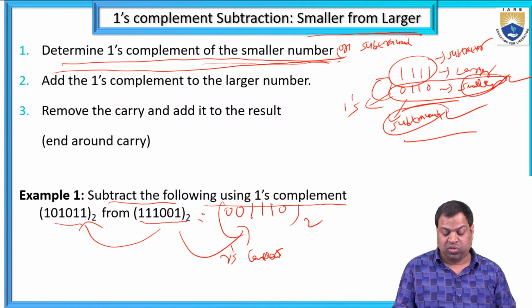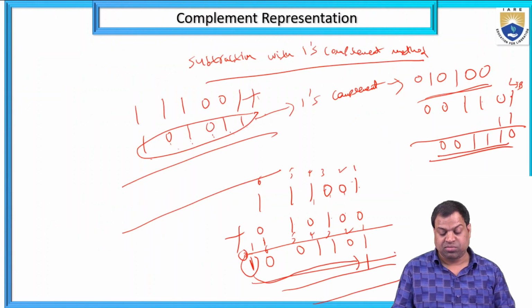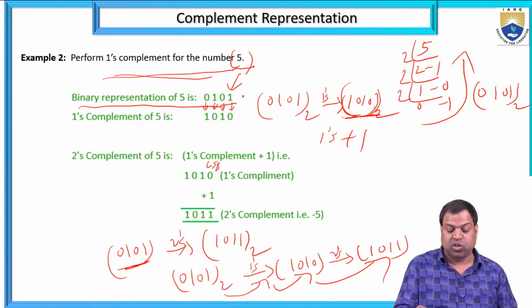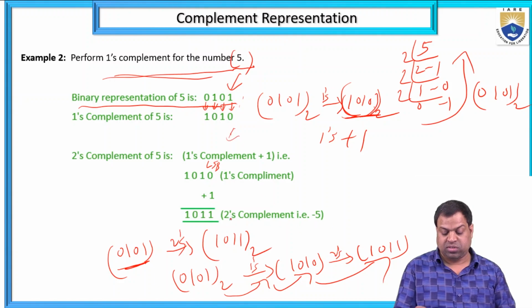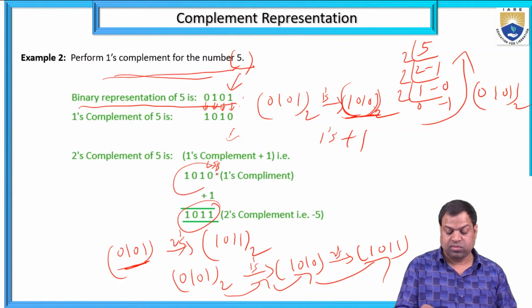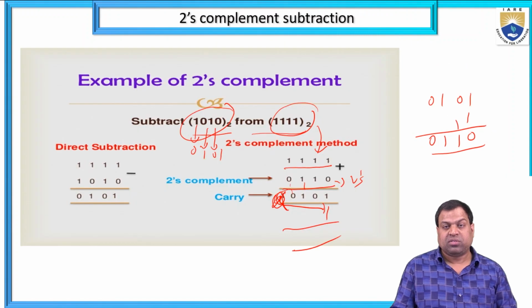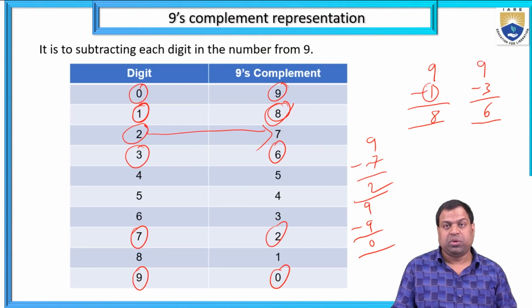That is one example of ones complement subtraction. Perform the ones complement for the number 5: converted to binary, perform the ones complement, then the twos complement. Here is normal direct subtraction with ones complement, and here direct subtraction with the twos complement method.